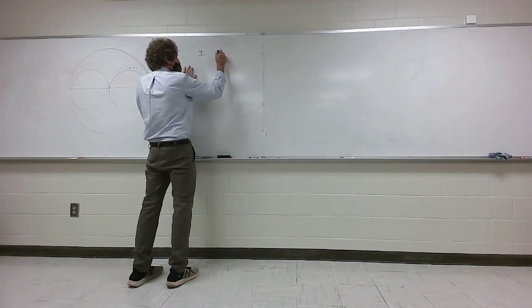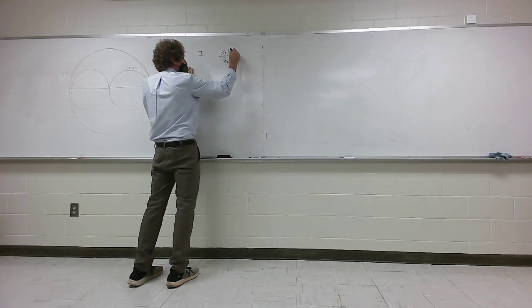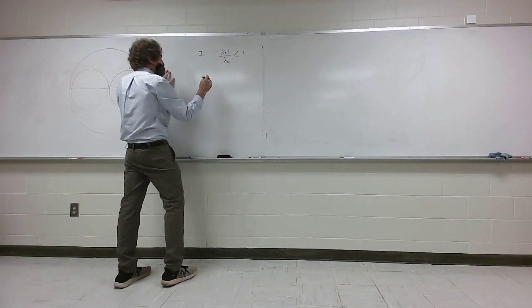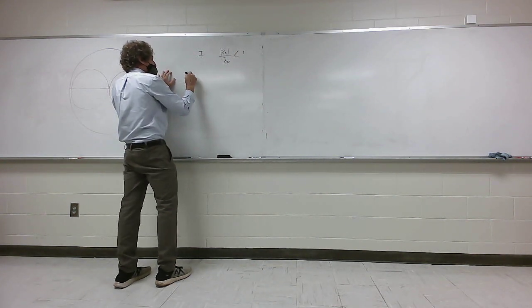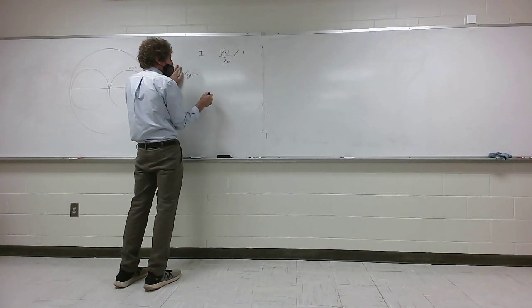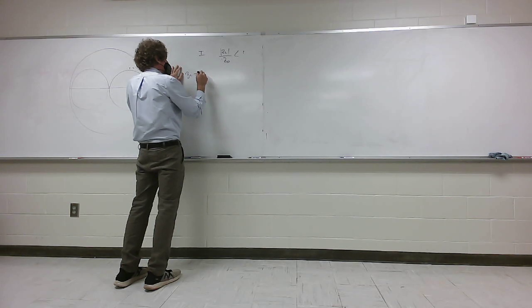So case 1 would be magnitude of ZL over Z0 less than 1. That means the normalized ZL will be inside the rotated circle. And this, of course, will be ZL over Z0.